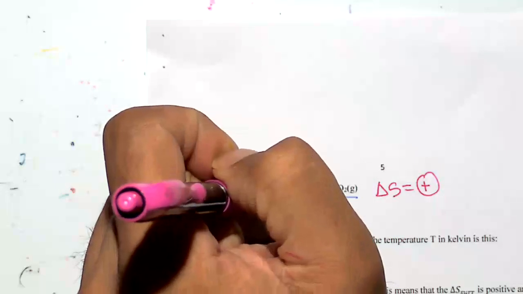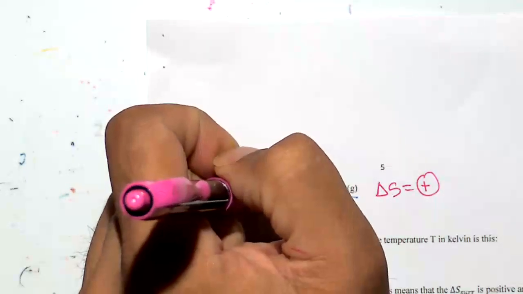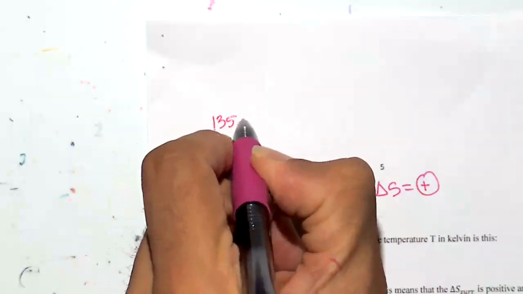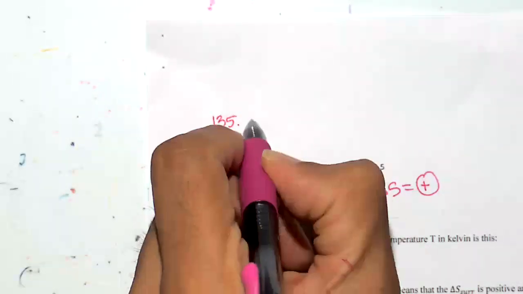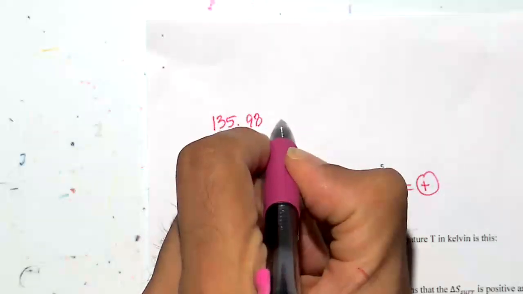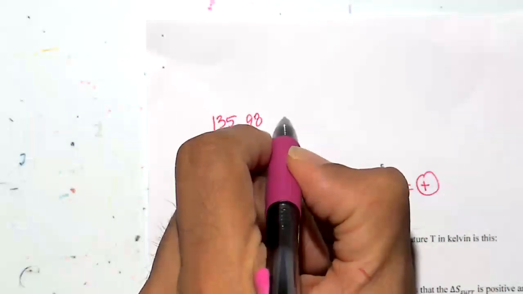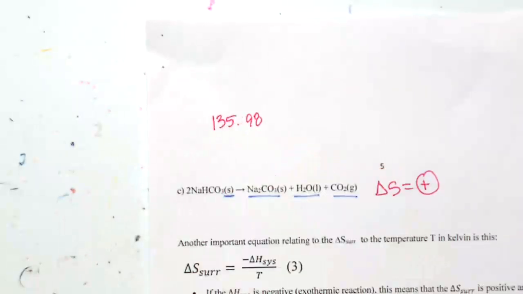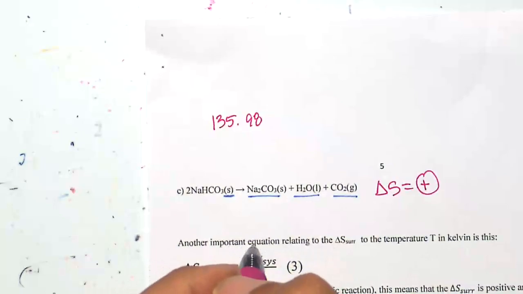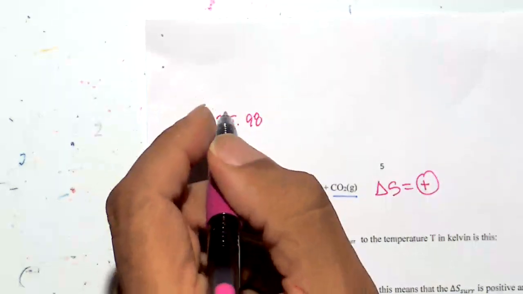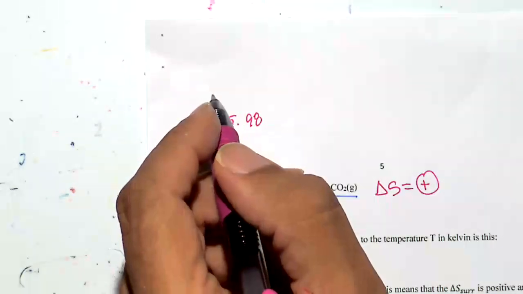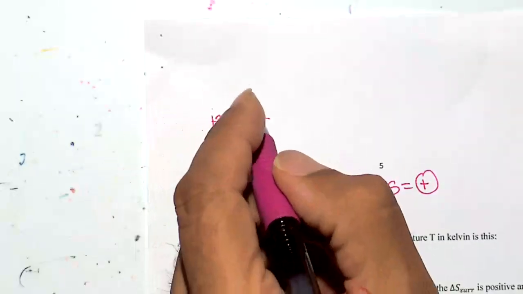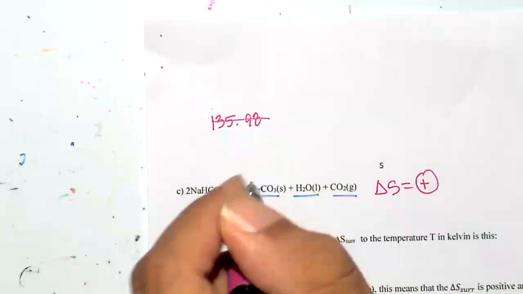So I got Na2CO3 being 135.98. On my notes, it says 138.79. So what do you have for Na2CO3? 138.79.